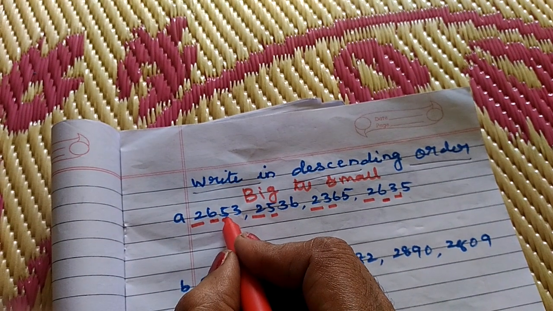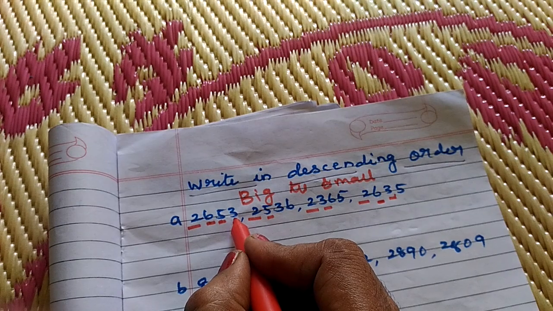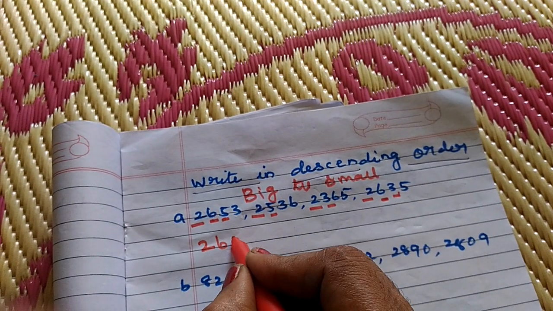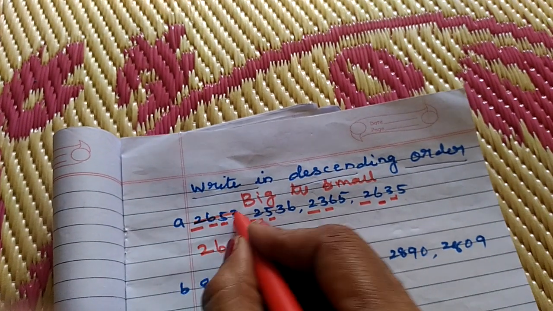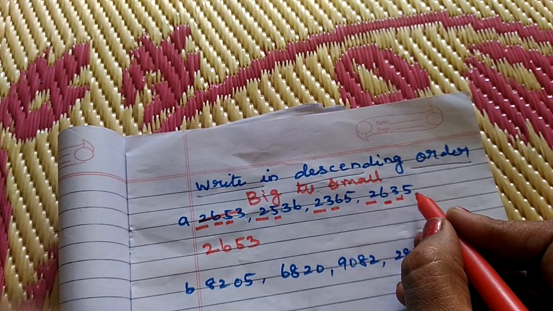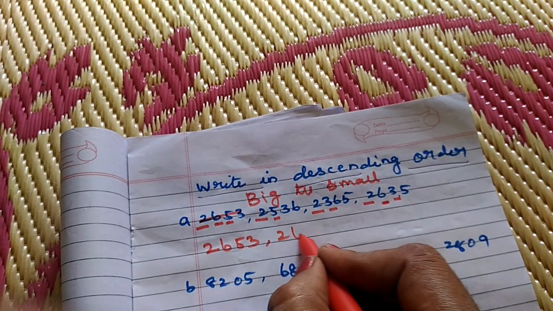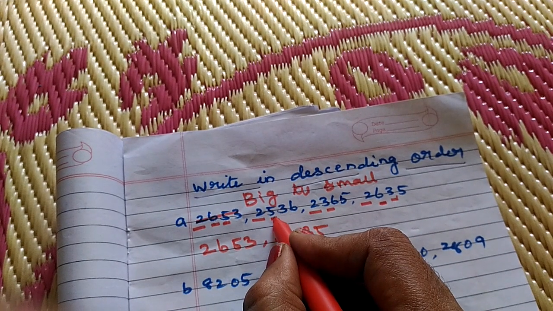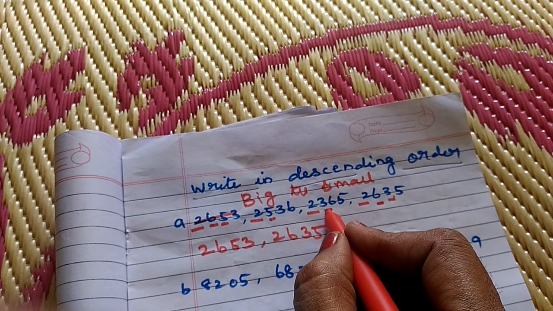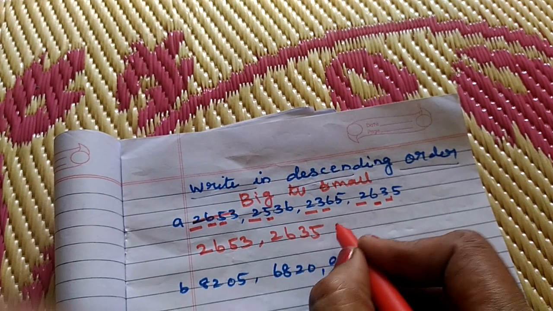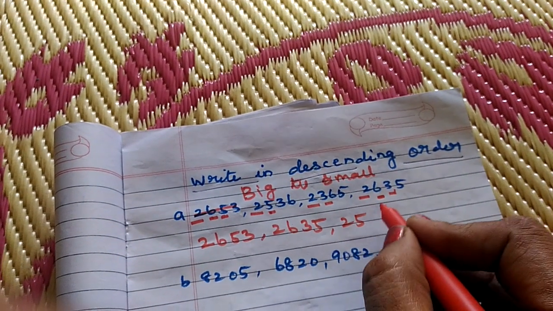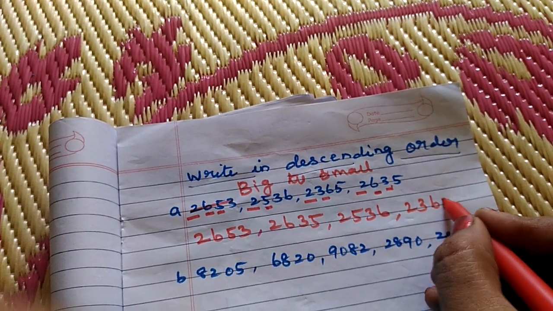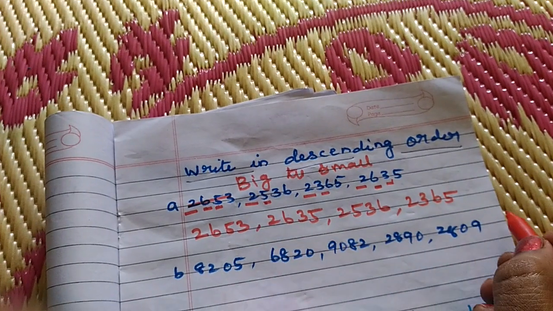So 2653 is the biggest number. Next, 2635. Then 2536, and the last one 2365. Descending order, big to small.